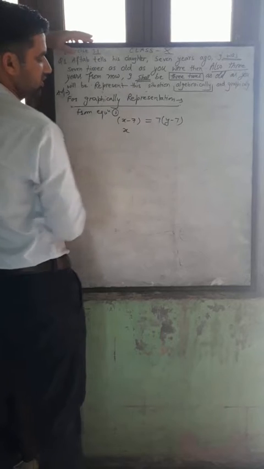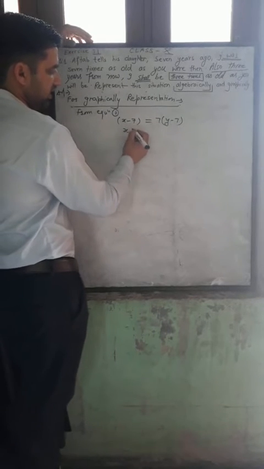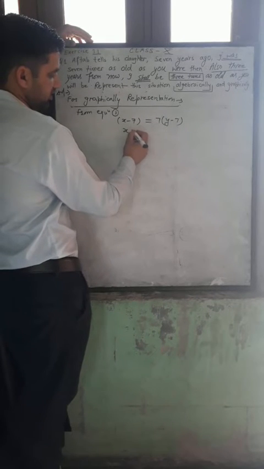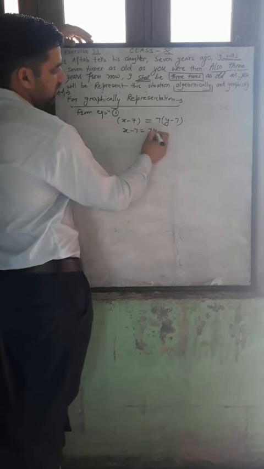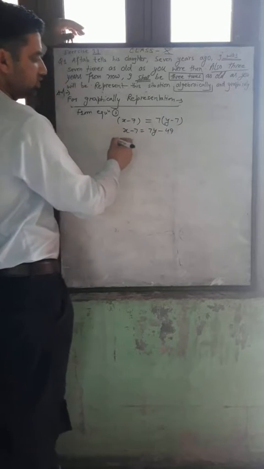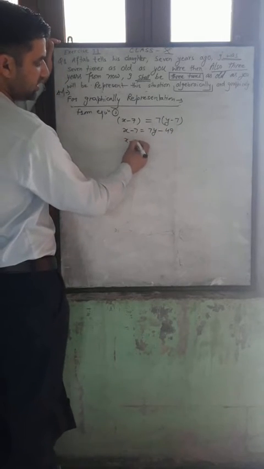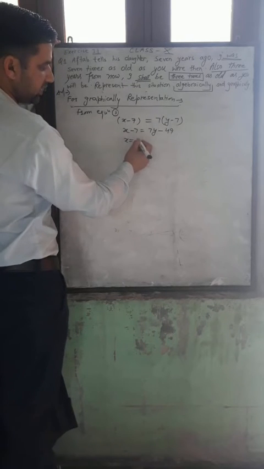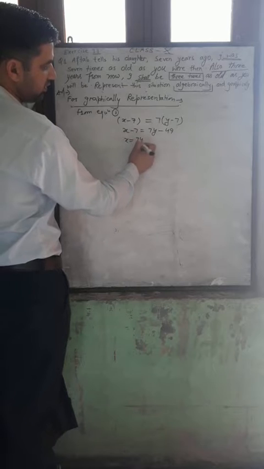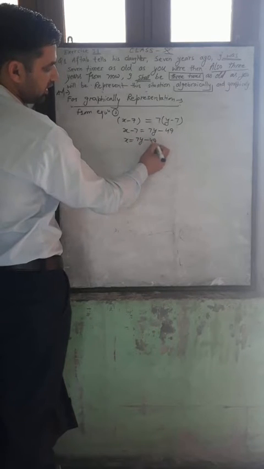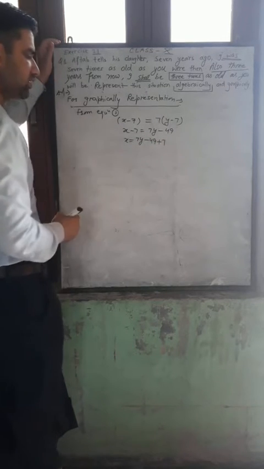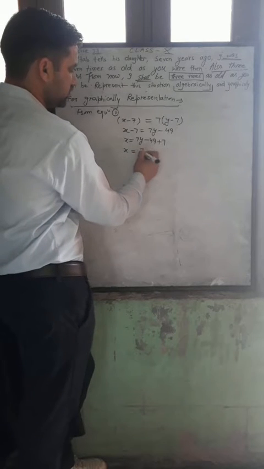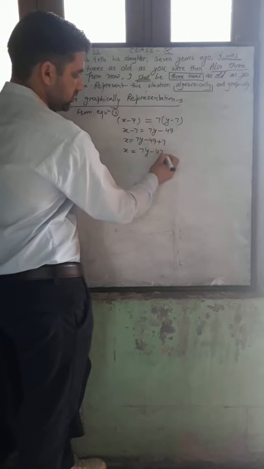So what do we get? Equation 1, here we get x minus 7, 7y minus 49. So now we get x minus 7, 7 is gone to the other side, x is equal to 7y minus 49 plus 7. So what do we get? x is equal to 7y minus 42.